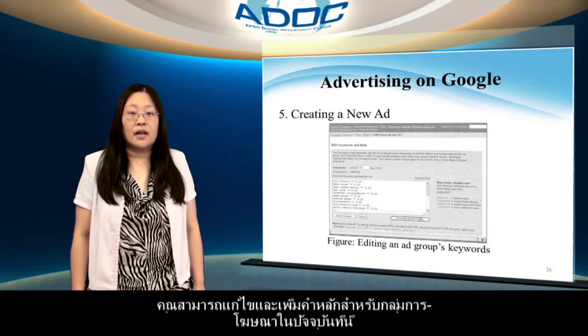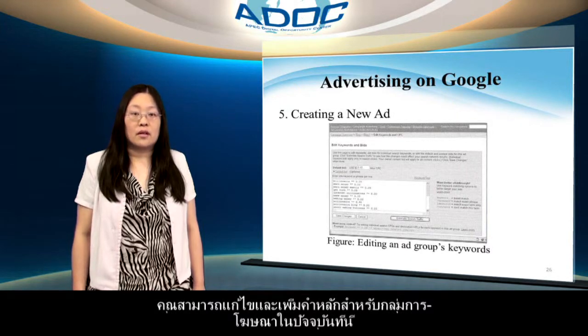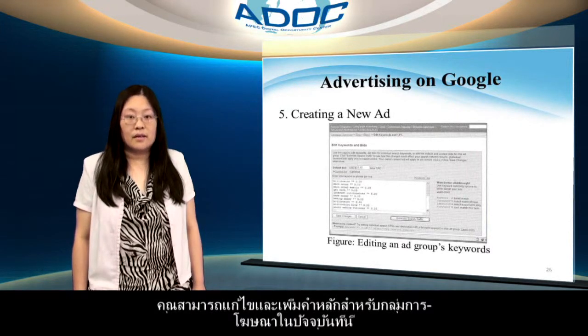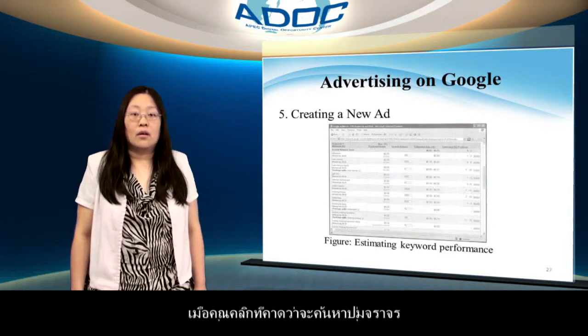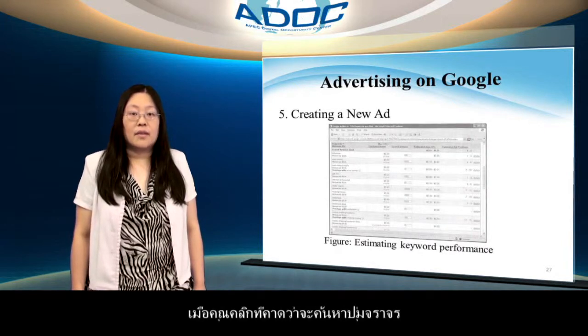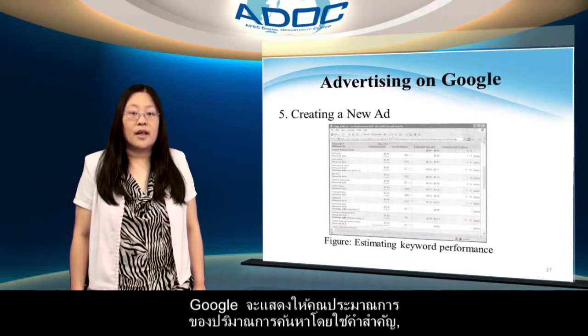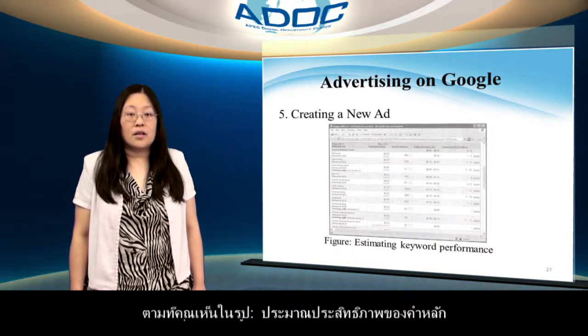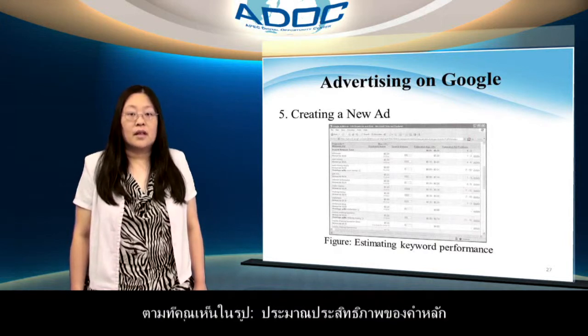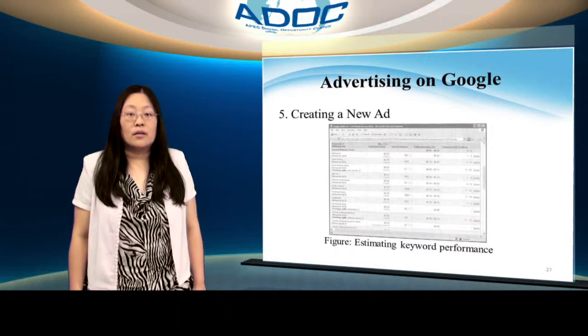You can edit and add keywords for the current ad group here. When you click the Estimate Search Traffic button, Google shows you an estimate of search traffic by keyword, as you see in the figure, estimating keyword performance.